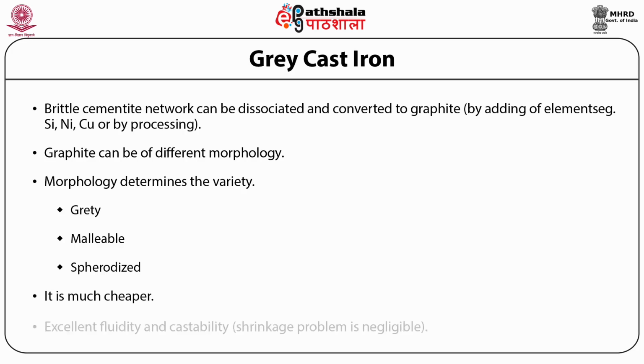Second, it has excellent fluidity and castability. Moreover, the shrinkage problem during solidification of casting is almost nil because of volume expansion due to graphite formation from cementite, countering the solidification shrinkage.